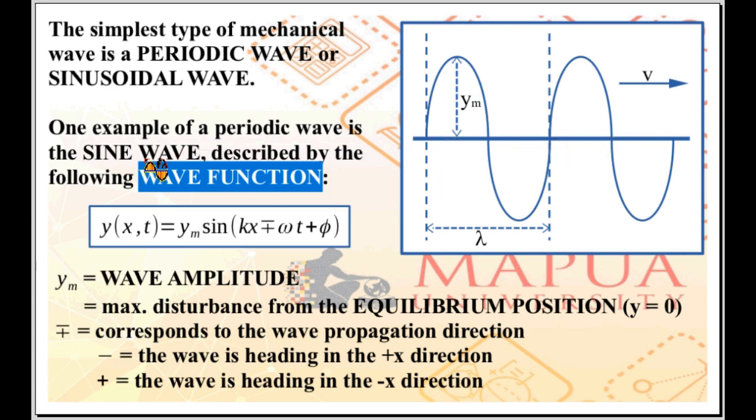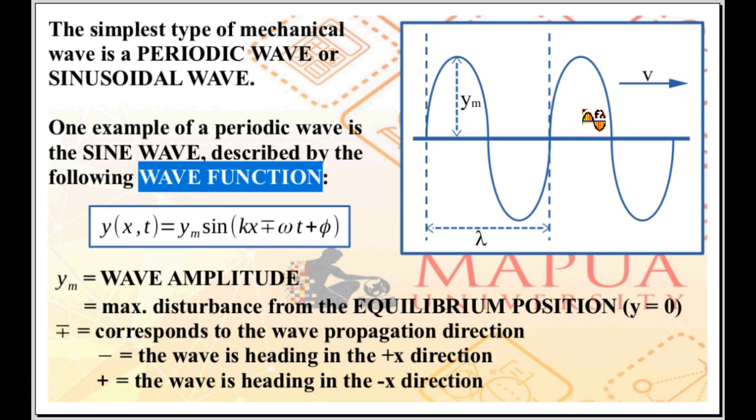So if we have a sine wave passing through the medium, the particles will be disturbed in such a way that a sine function graph or shape will be formed by the particles of the medium. And this disturbance is, of course, moving from one location to another because a wave is a disturbance propagating from one location to another.